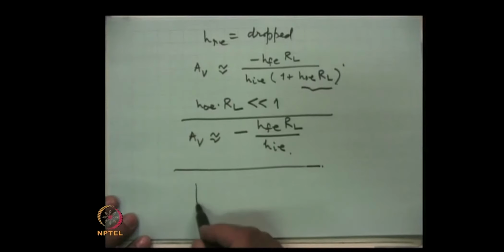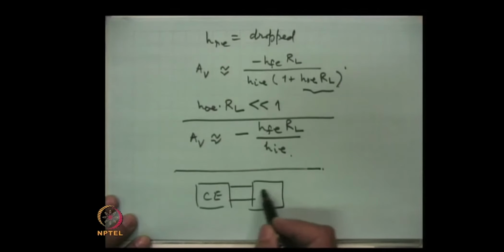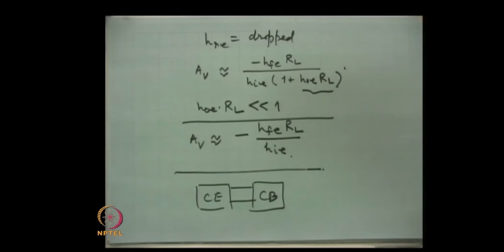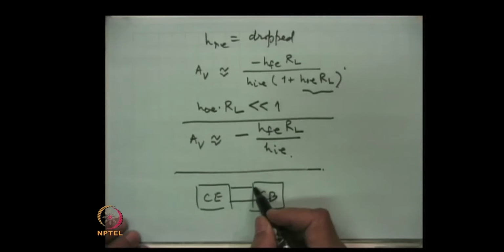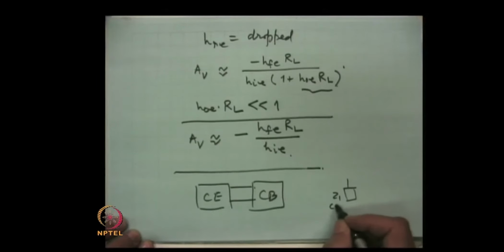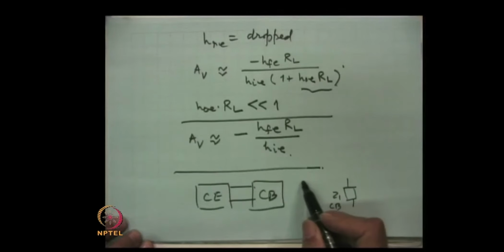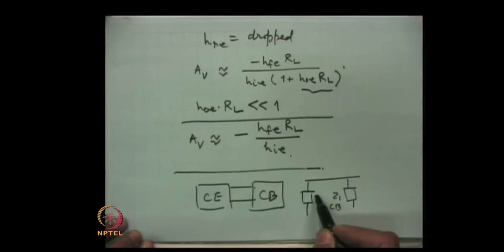If we have a common emitter stage, and then we connect here a common base stage, then the input impedance Zi of the common base will come in parallel with the load resistance RL of the CE stage.